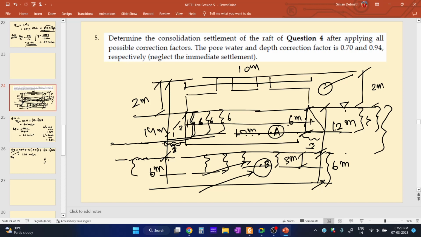See, how much is this depth? Stress distribution will be like this from the base of the footing up to point B. See this carefully.